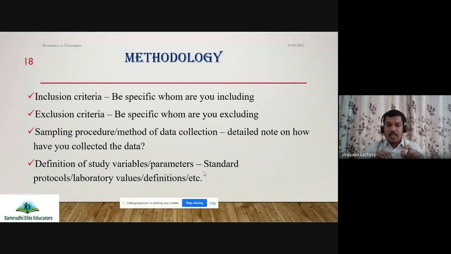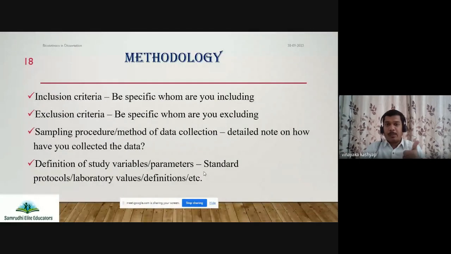Okay, then the last part is definition of study variable or parameter. For example, you are going to do a study on non-alcoholic fatty liver disease, to see the prevalence among adults aged between 30 to 60 years. What are you checking for? Are you looking at lipid profile or doing an ultrasound scan?